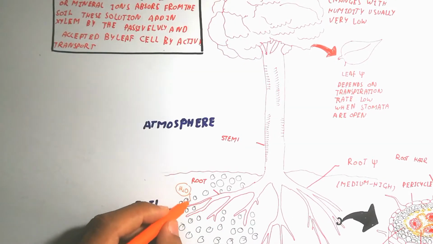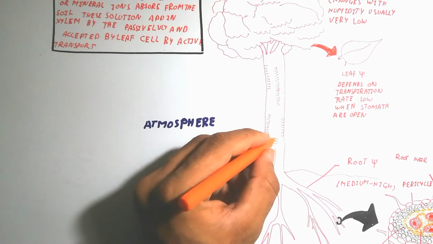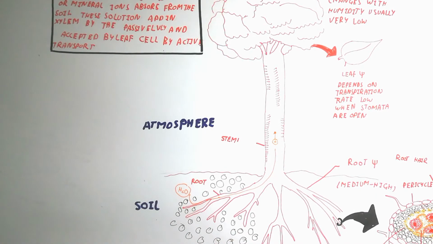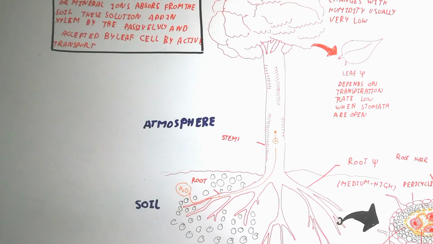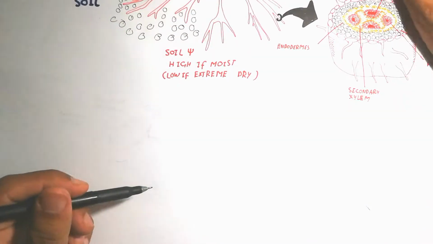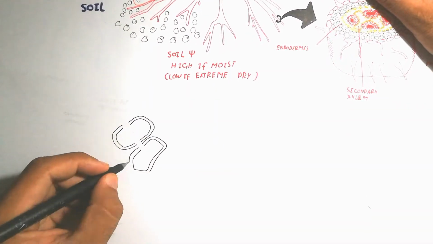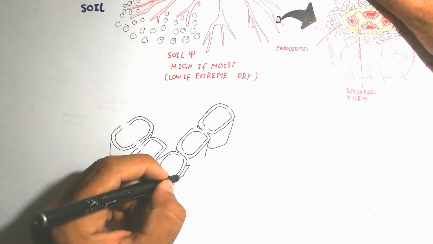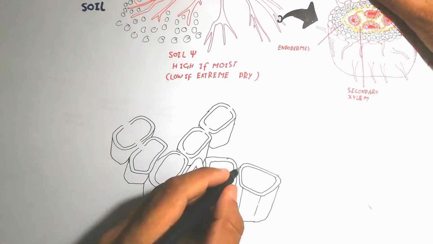So the water will enter from here to here, and then go by conduction through the xylem. The xylem is very important for the conduction of water. Some minerals are also added in this xylem, but mostly 95% is pure water.